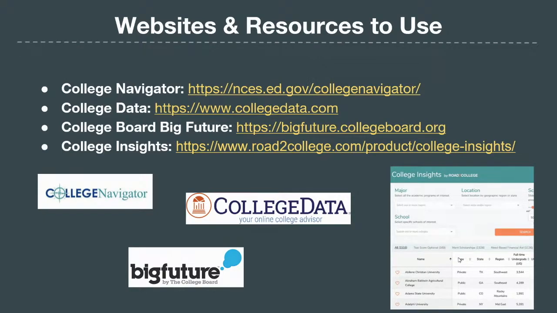Already in Module 1, 2, and 3, we have used the third resource, which is collegeboard.org. In this module, we're actually going to use a couple of different data sources. Other thing to notice is the last resource, the Road to College Insights, is a paid-for product.